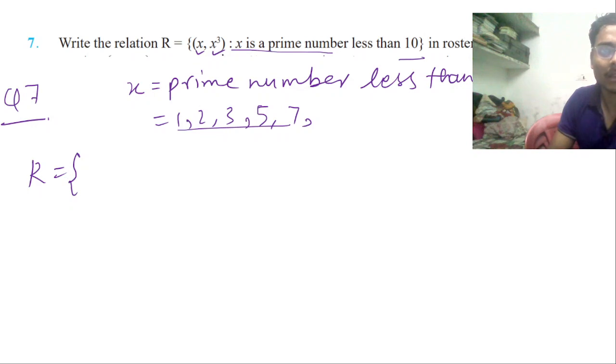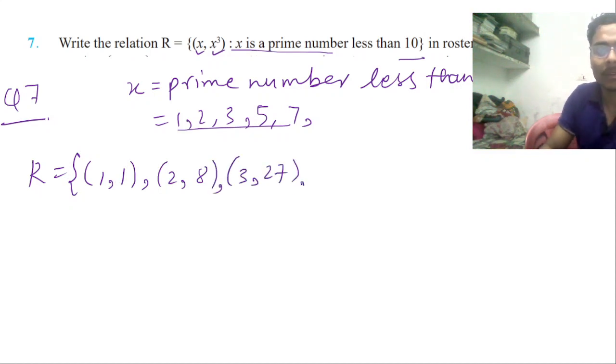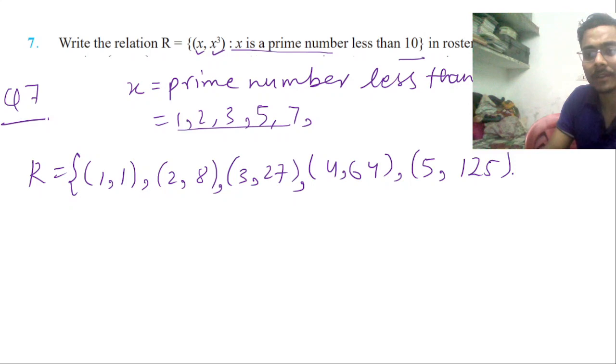So we will simply put the 1 and write the 1 cube here. 1 and 1 cube is also 1. Then 2 and 2 cube is 8. Then 3 and 3 cube is 27. Then 4 cube is 64, and 5 cube is 125. And 7 and 7 cube is, let me just very quickly calculate it from the calculator, 7 cross 7 is 343.